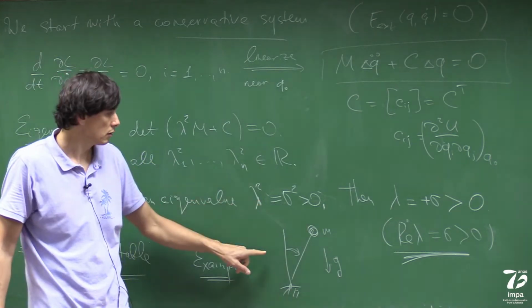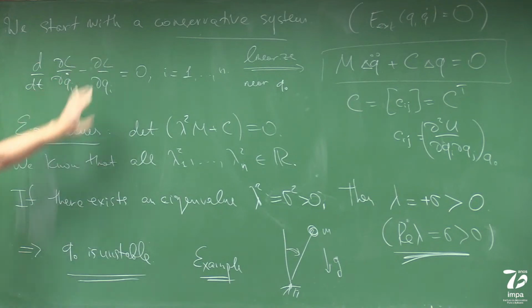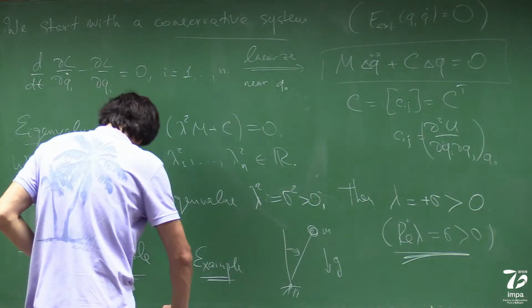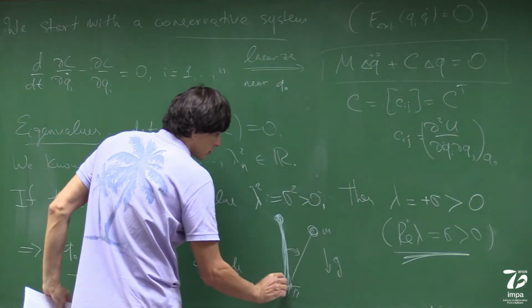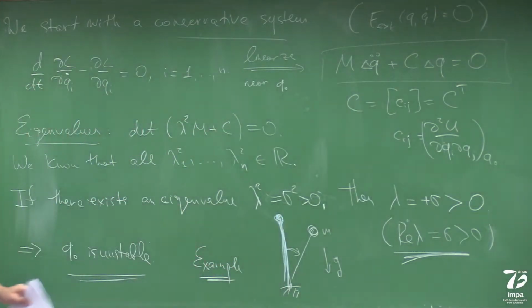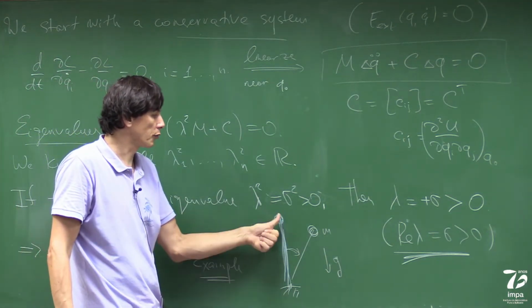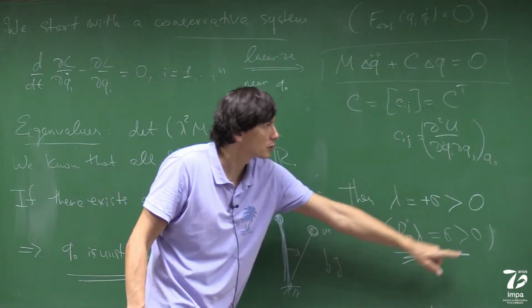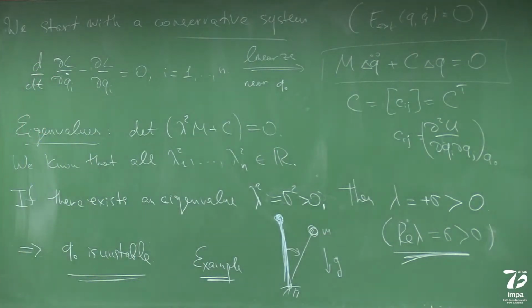And we guarantee that whatever nonlinear terms you put, this upper position will be unstable. So this is a rigorous proof that the upper position of the equilibrium is unstable, because one of the eigenvalues has positive real part. We apply Lyapunov theorem. Done.